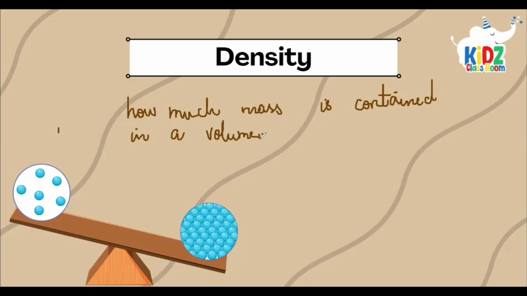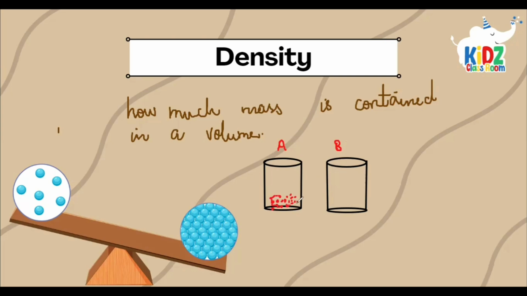Okay, let's have an example. Imagine you have two jars. Let's say this is jar A and this is jar B. You place some marbles in jar A, and in jar B, you place some feathers.